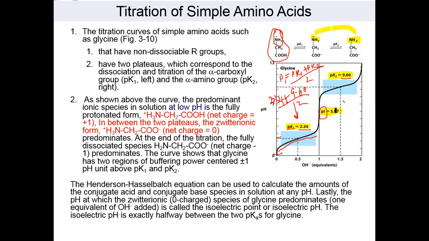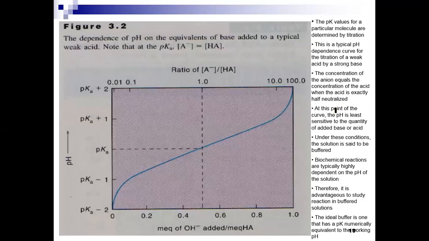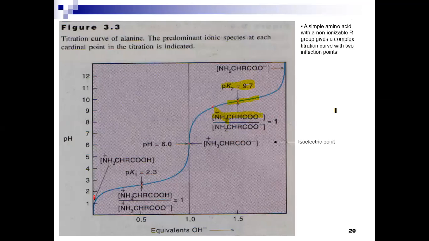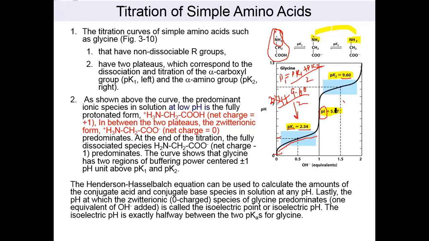Now, from this graph, what kind of information are we getting? This graph tells us that near the pH 2.34, there is a region which is resisting the change in pH.